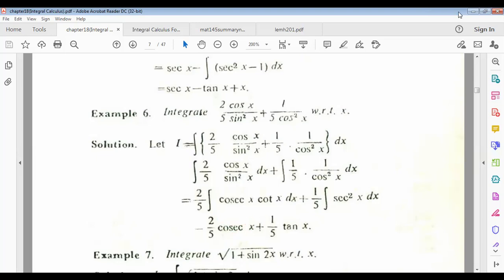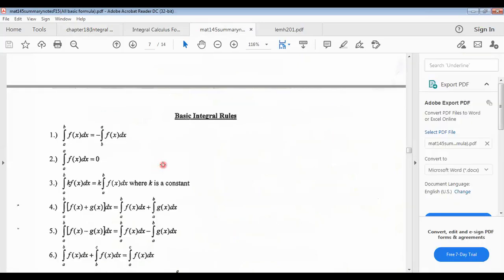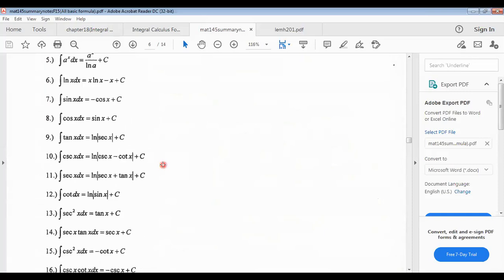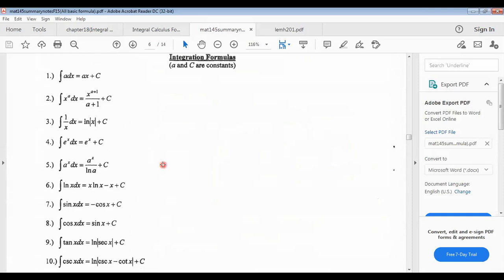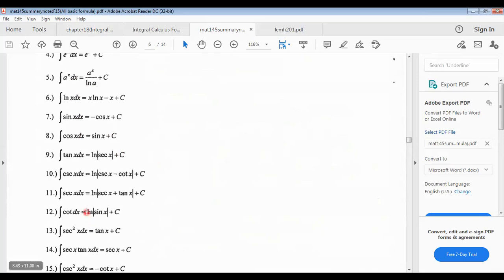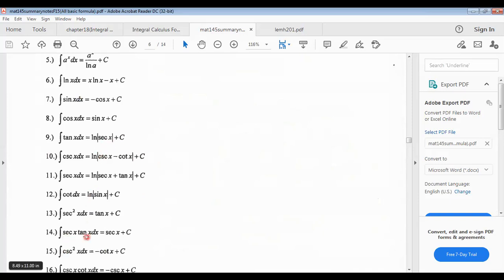Integration formula list. You can use this integration formula. Okay, 1 by x formula is log x, e to the power x formula, and sec x tan x formula is sec x. And sec square x formula what? Tan x. We are using these two formulas here.